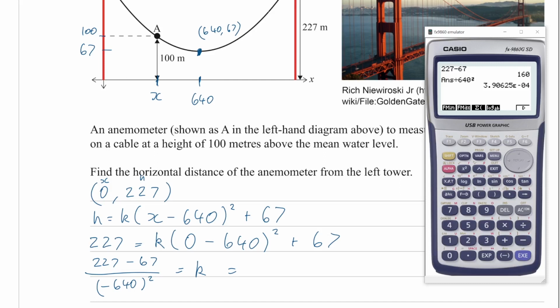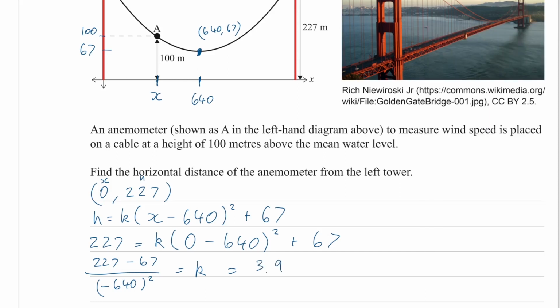It's scientific notation, but with an E instead of times 10 to the power of. It's calculator notation. So 3.90625 times 10 to the power of negative 4. You could leave it like that, that's fine, or you could write it as a decimal.